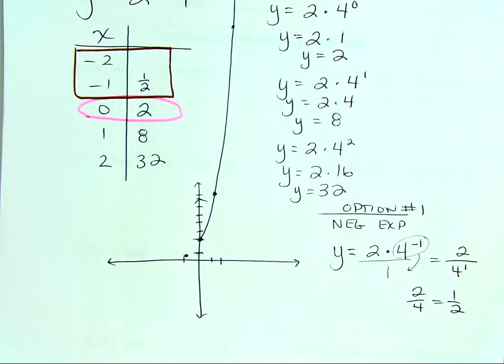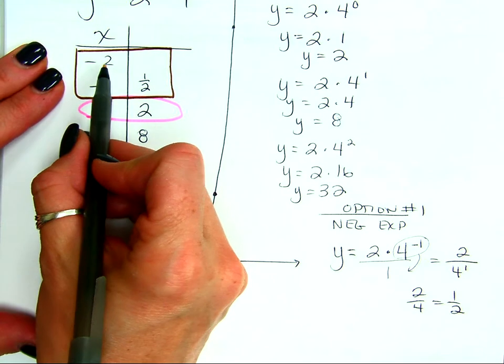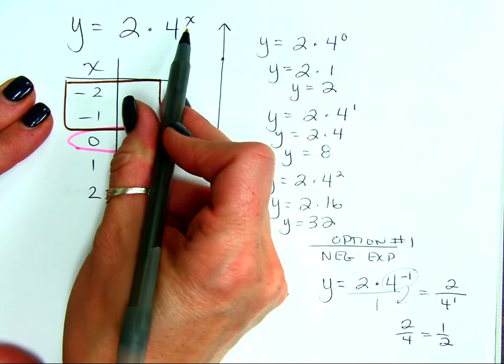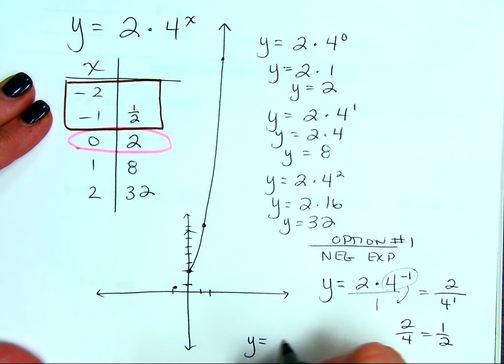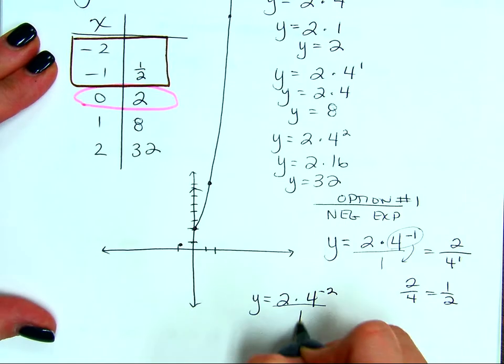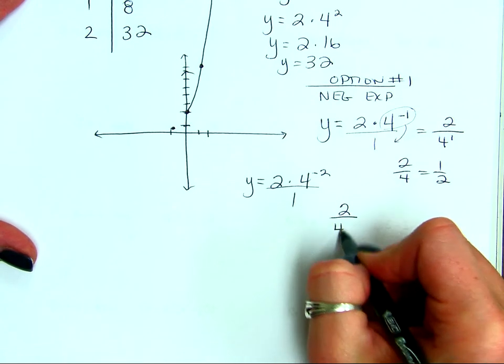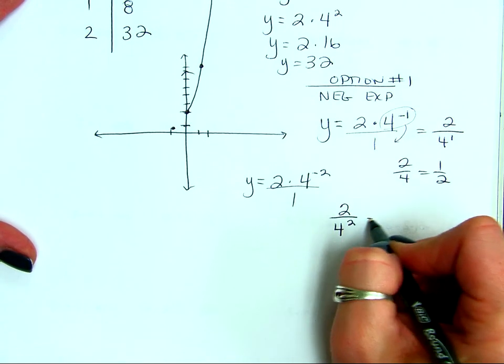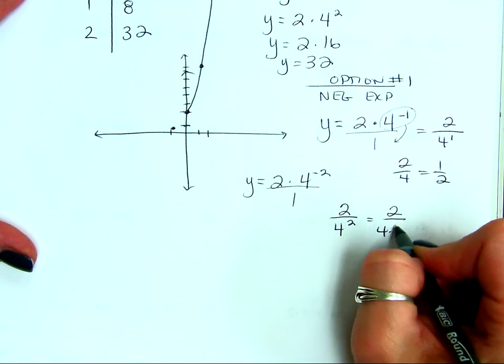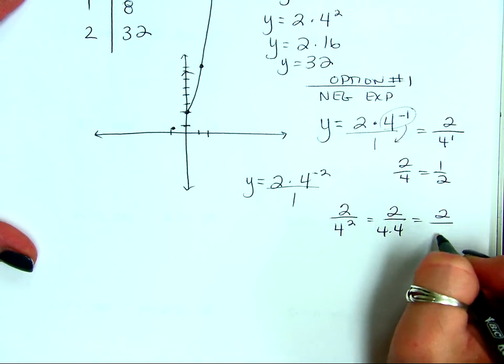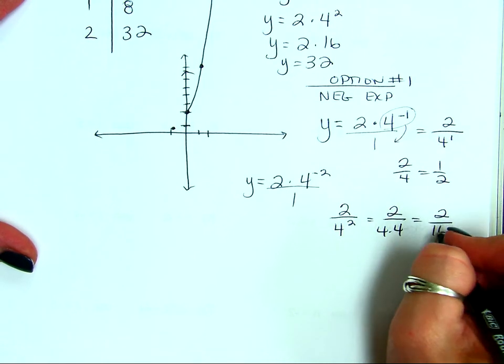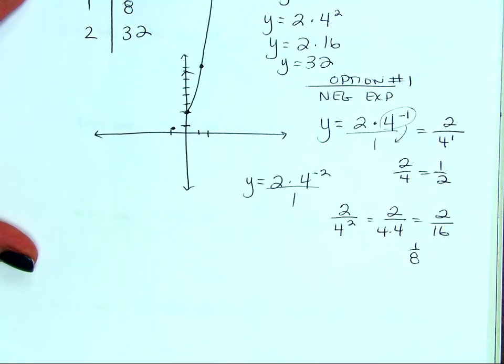Let's do the exact same thing again. Let's take this exponent this time and make it a negative 2. So then let's say y is going to equal 2 times 4 to the negative second power, which I then want to move and make it 2 over 4 to the positive second power, which is 2 over 4 times 4, which is 2/16, which we're going to reduce to 1/8.